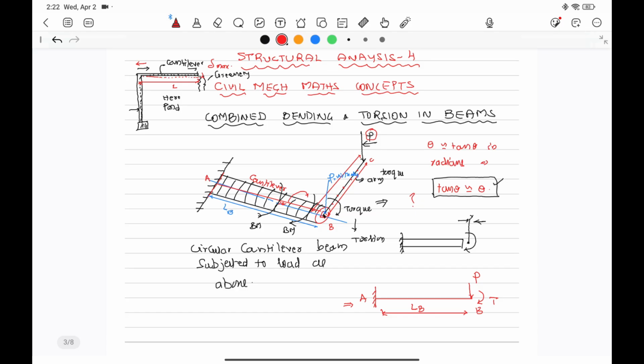We took about 3 classes because each and everything, like compression, tension, I wanted to explain in detail. In this also, we may take 3-4 classes for explaining the combined bending and torsion in beams.